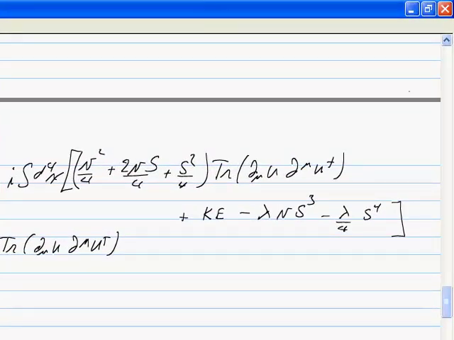And then there's the remaining piece, which comes from these other terms, and I'll just call it e to the i W12. So we've got our first term in our effective Lagrangian.